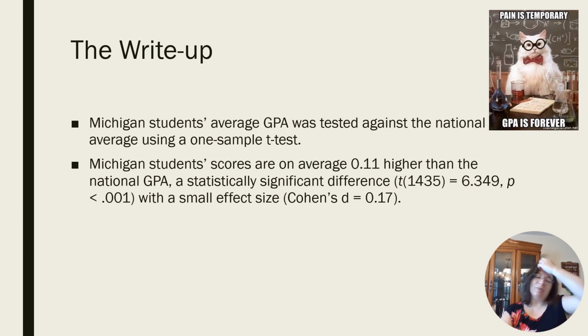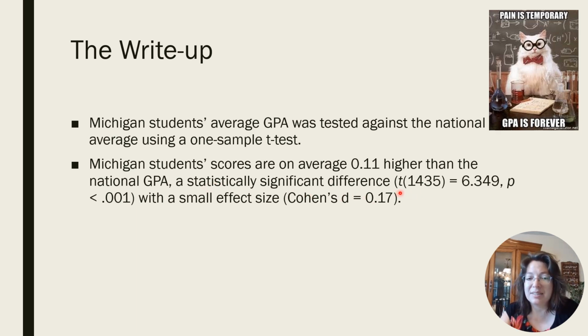And the way that we write this up in APA formatting is like this. Michigan students' average GPA was tested against a national average using a one-sample t-test. So here we're explaining what we did, and then we explain the results. Michigan students' scores are on average 0.11 higher than the national GPA, a statistically significant difference.